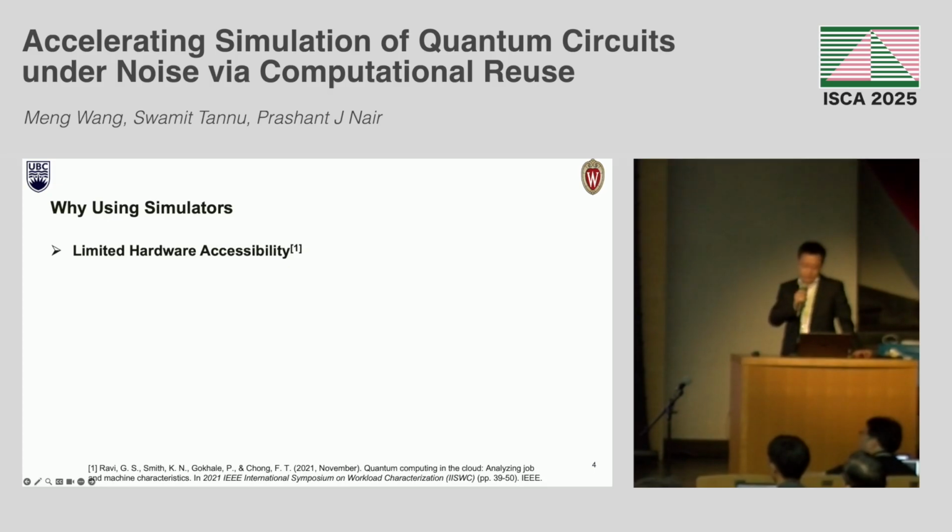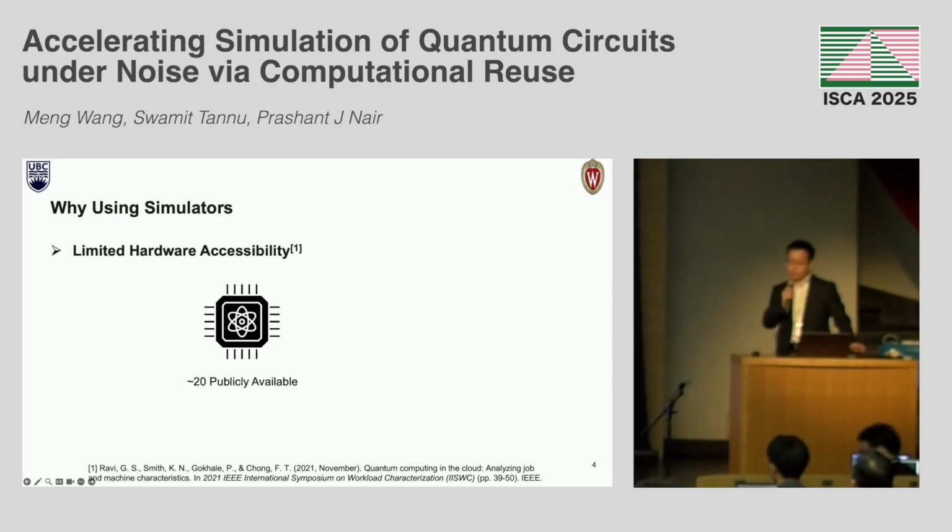So why does the quantum computing research community rely so heavily on those simulators? Well, first and foremost, we have very limited access to the hardware. Right now, there are only about 20 devices that are publicly available, with most of them coming from IBM. In fact, IBM hosts roughly 12 devices that are open access.